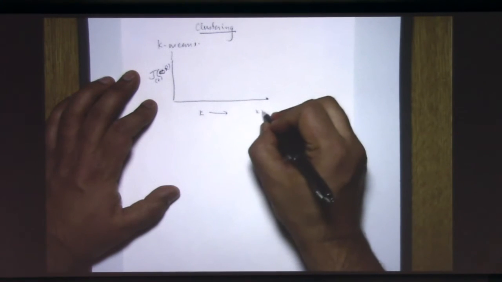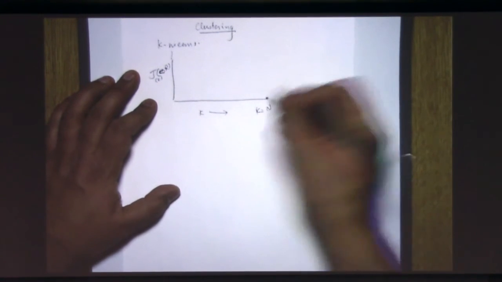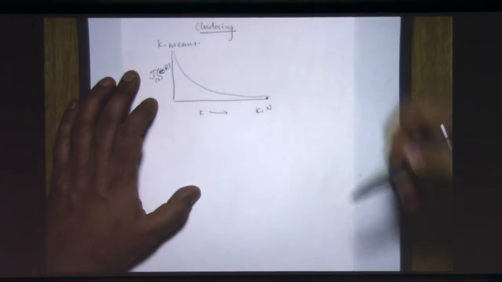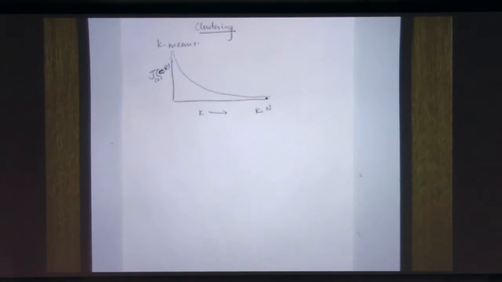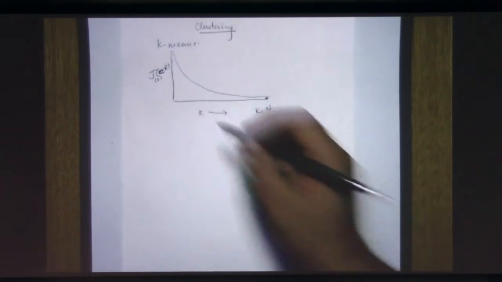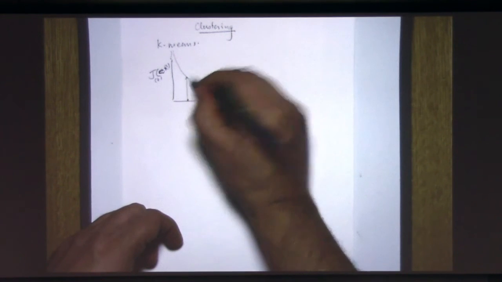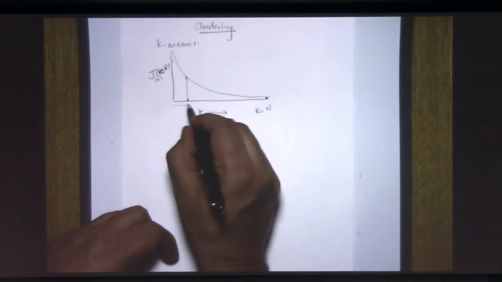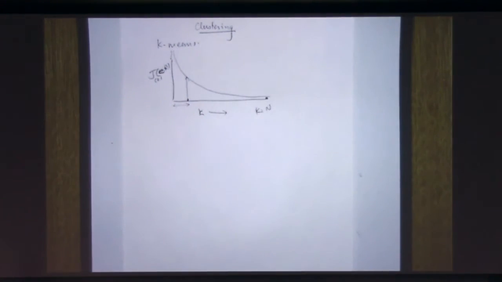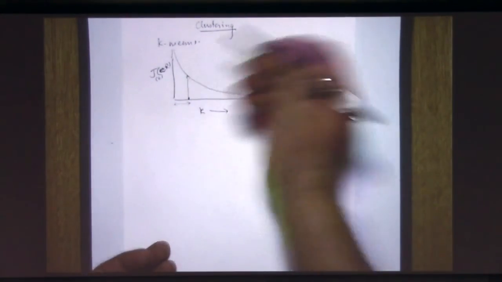When K is equal to N, then this error would be 0, and the behavior would be like this. So then it's up to you, because clustering is something that you do to explore the data. It's up to you to decide, should I just set K here, because at this point the number of K is something that I could work with and the error is not too high.